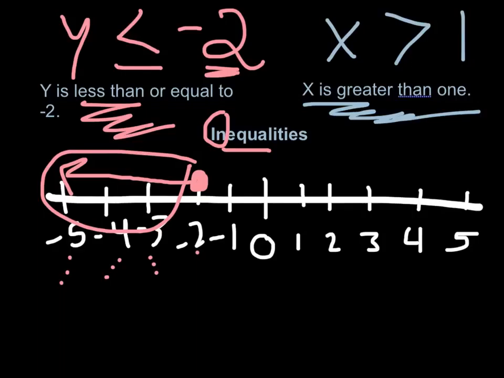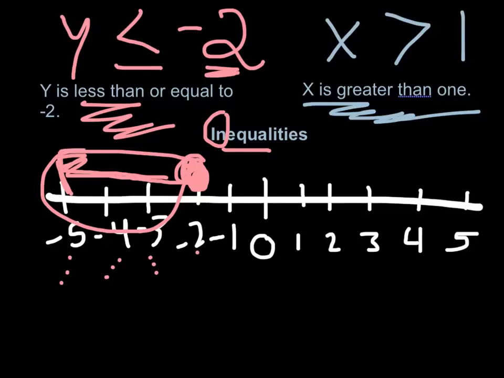Y is less than or equal to -2. So what is y? If y is less than or equal to -2, it includes -2. That's why I've shaded the -2 in over there. That's why it's a shaded or closed circle. And y is also anything less than -2, so I've included all numbers that are less than -2.